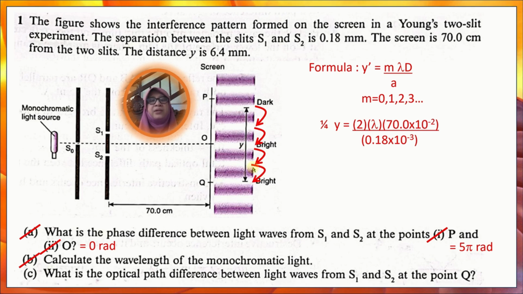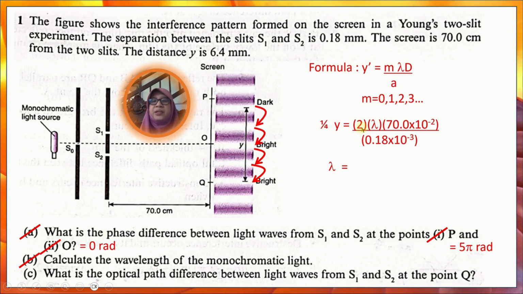So altogether 4 bright. That means this y will be 1 over 4 y, the distance between two neighboring bright fringes.